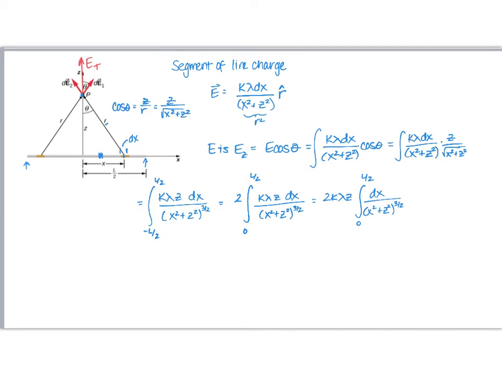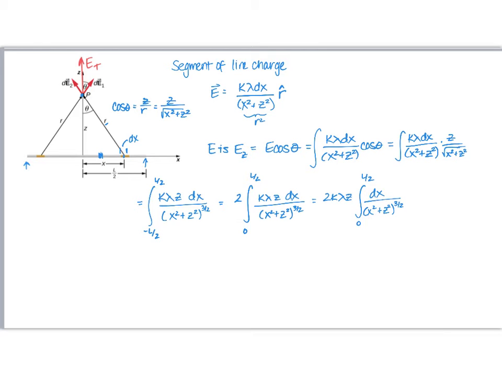Now, we're left with this integral to do, which is not all that great. It's an integral that you could do through trig substitution. And so you could look that up. Google's your friend.